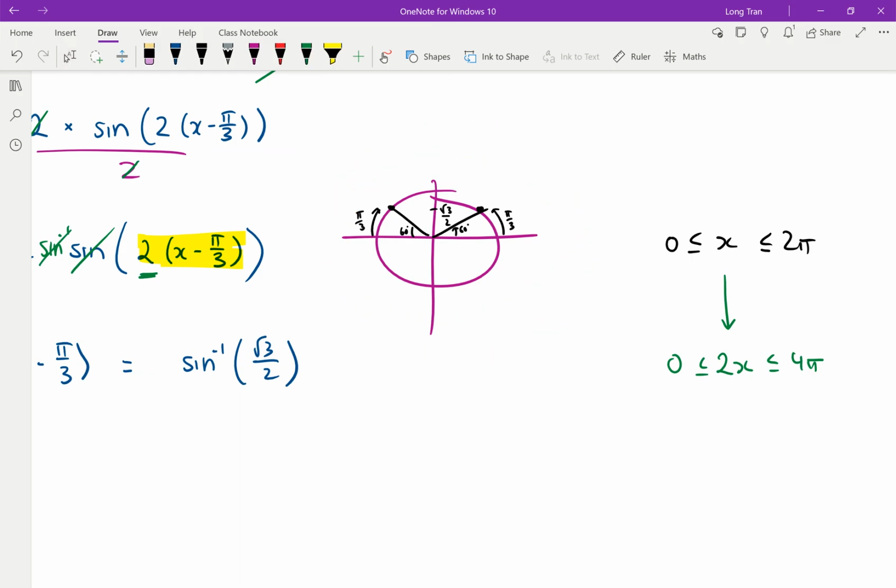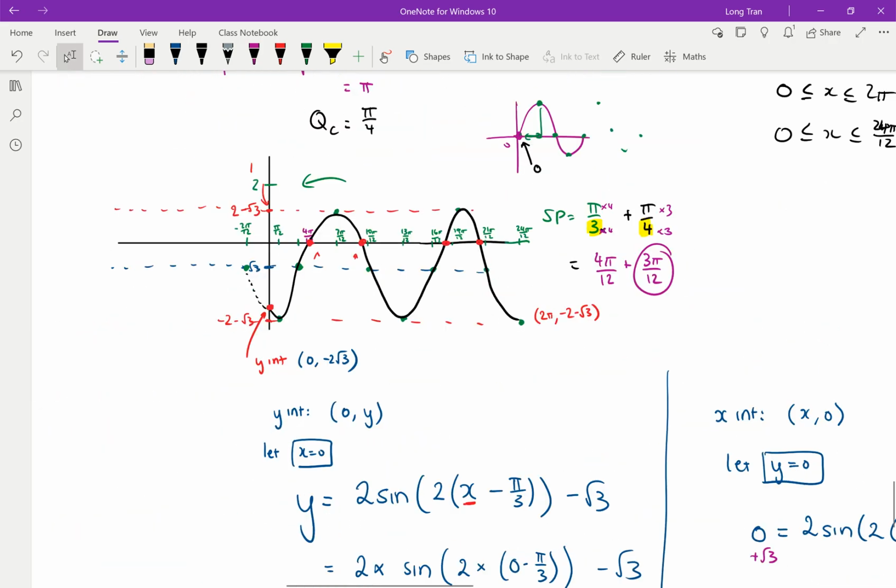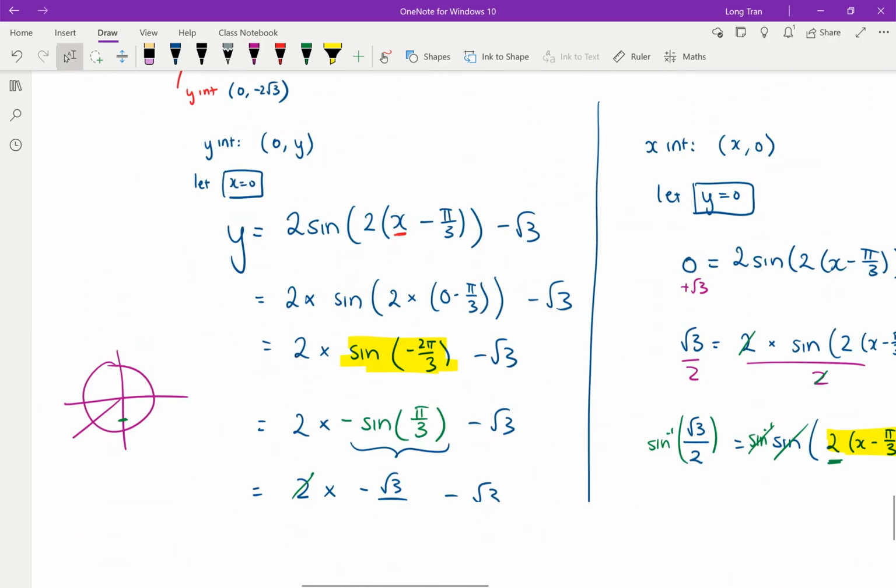Okay, so that means I end up with 4 solutions, because if you do 1 revolution, notice you pass the solutions twice, 1 and 2. And that's why if I do 0 to 4 pi, which is 2 revolutions, I end up with 4 solutions, which makes sense because the graph clearly shows I have 4 solutions there. So this is how I would do it.